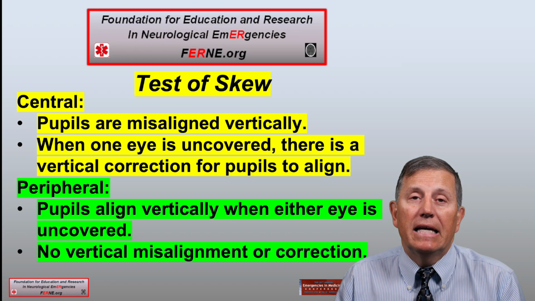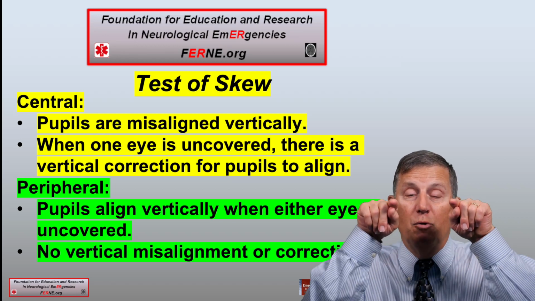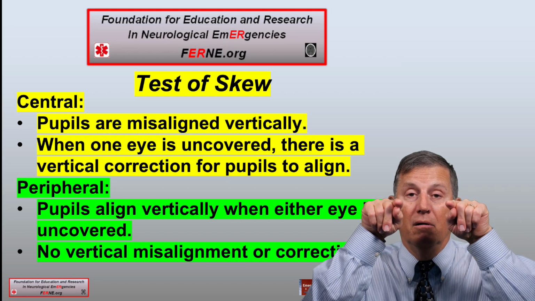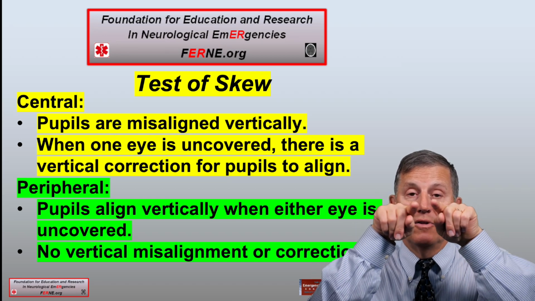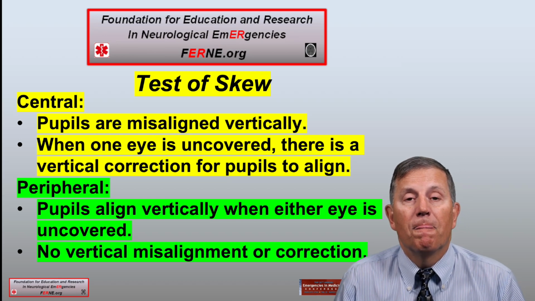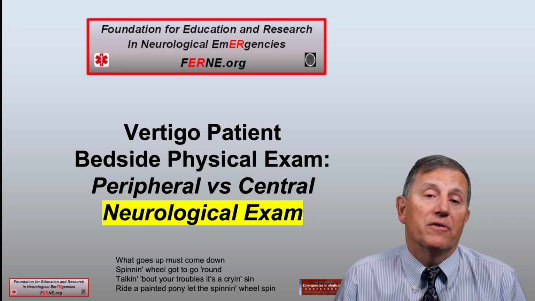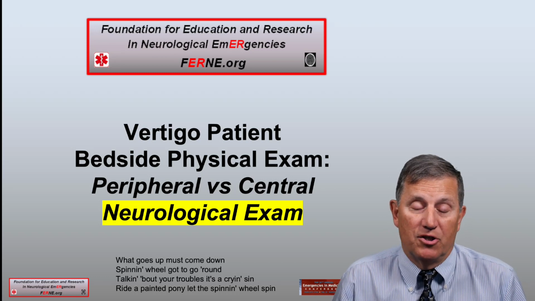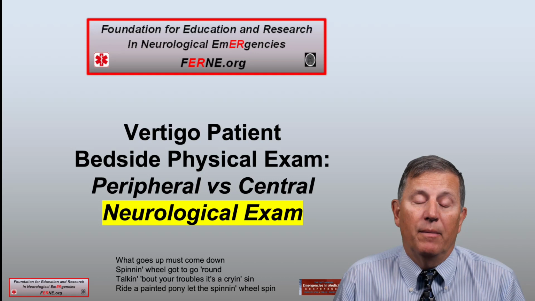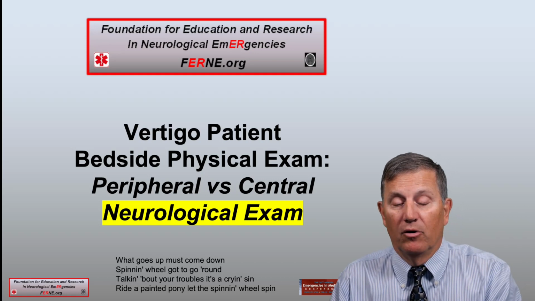A peripheral etiology can be assumed if there is no need for the pupils to line up or no vertical movement so that the eyes align on the horizontal axis. So now we've talked about nystagmus, head impulse, and tests of skew. Now let's just talk about the neurological exam and how it helps us to determine the difference between central and peripheral vertigo.